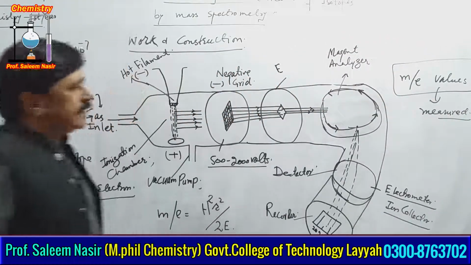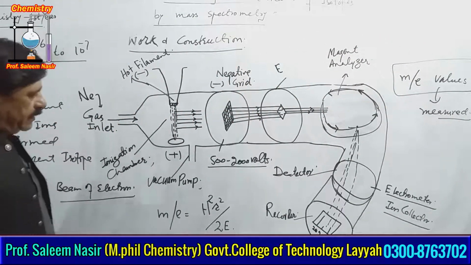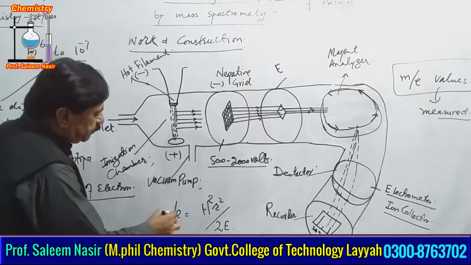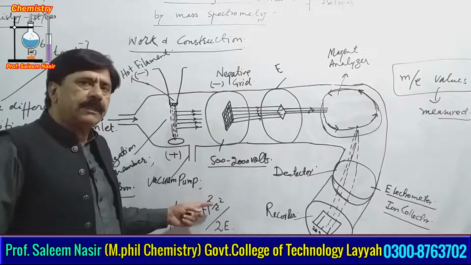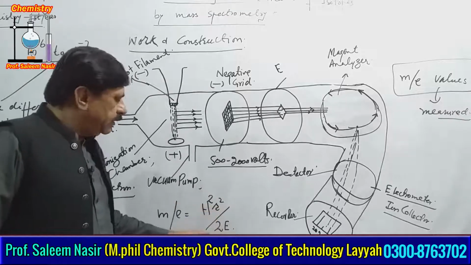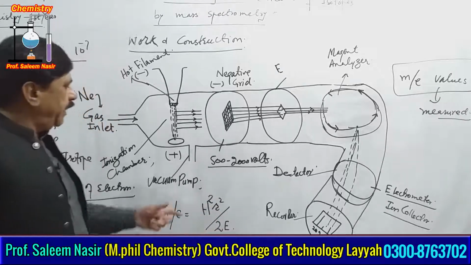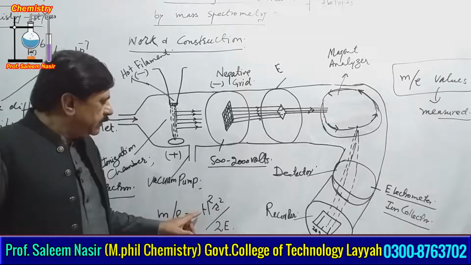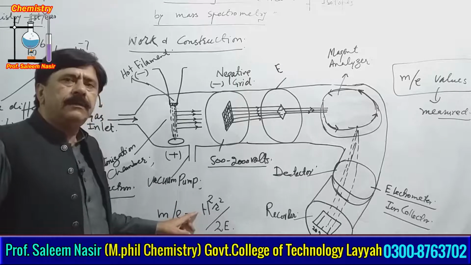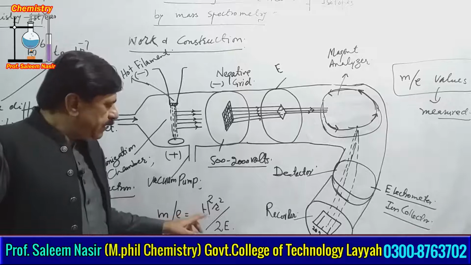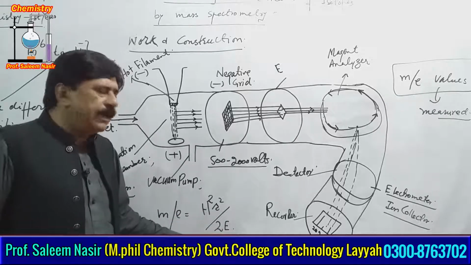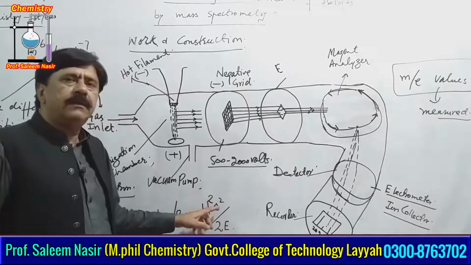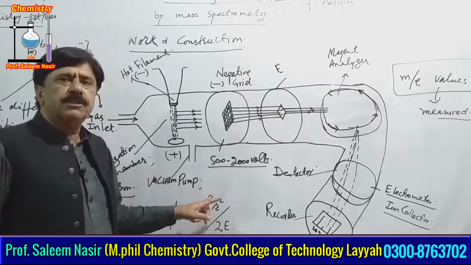The measurement is carried out by the equation: mass to charge value is equal to H squared R squared over 2E, where H is the strength of the magnetic field, E is the strength of the electric field, and R is the radius of the circular path.